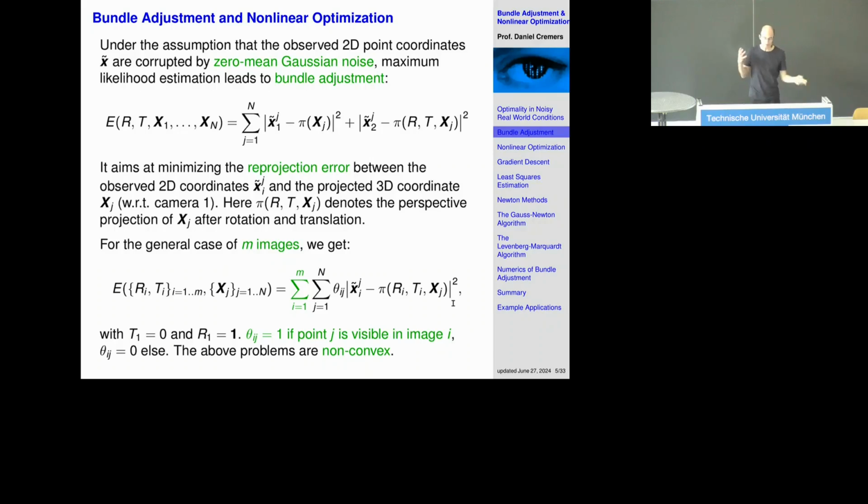And as you remember, this is not a linear transformation, which means the residuals that we square here are themselves not linear, and hence the loss function is not quadratic. This is the class of problems called nonlinear least squares, because the residual is not linear and we have a least squares problem.